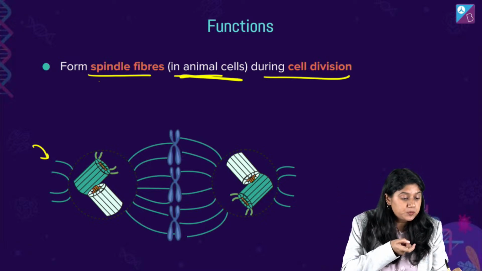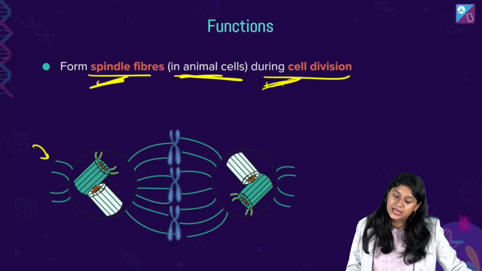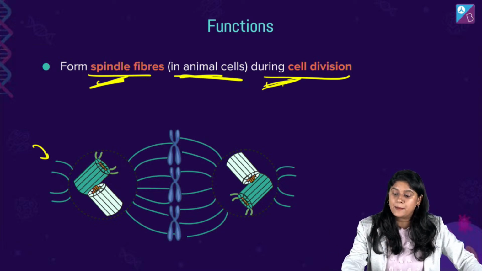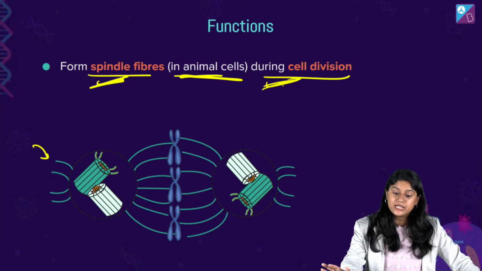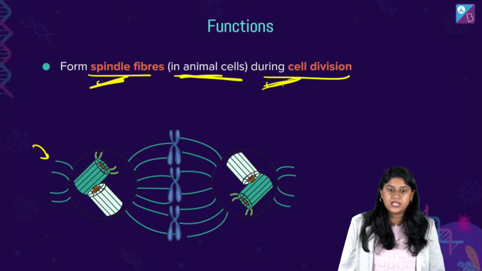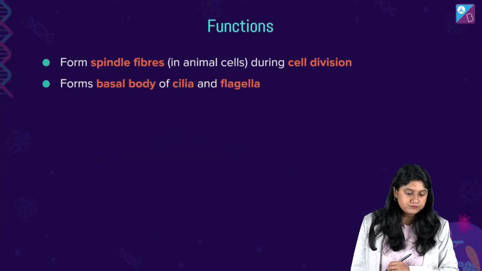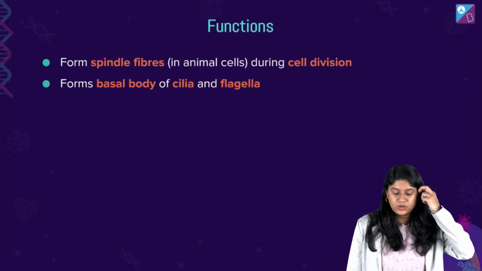To produce the spindle fibers during the cell division, right? Clear everyone? In plant cells we know that centriole are absent, but they appear, right, to nucleate near the nuclear membrane, right? We'll remember this. All of you, are we clear? Yes. Quick thumbs up. Very good.